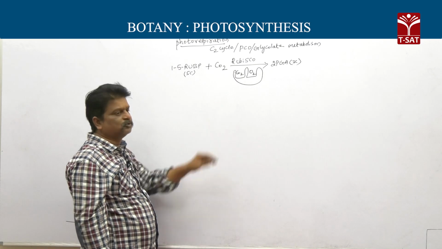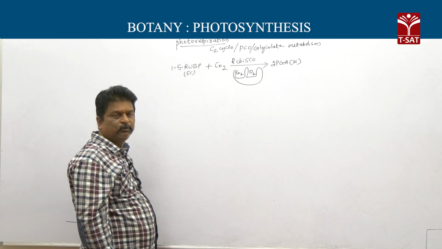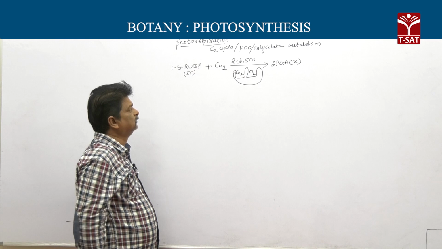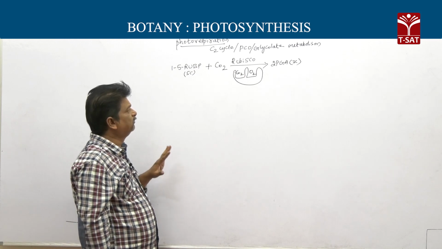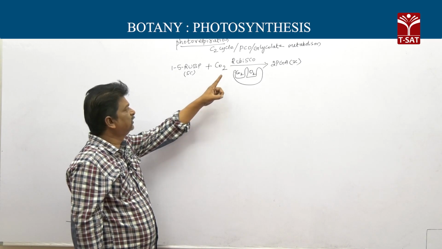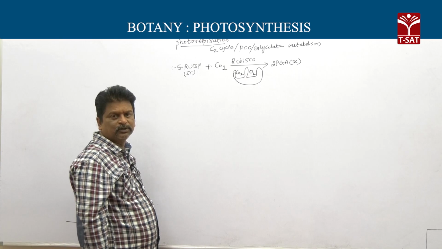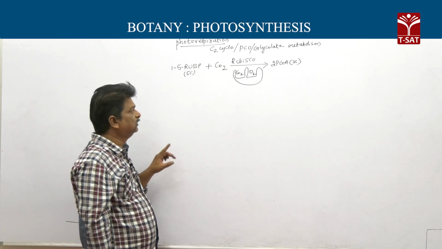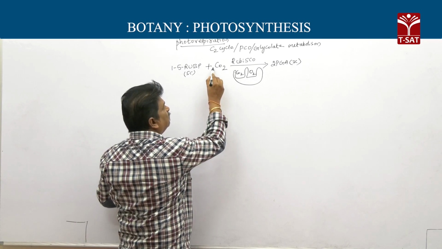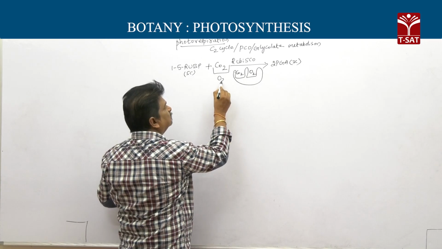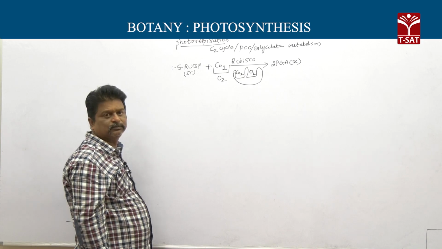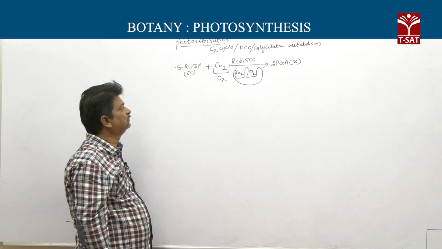And this enzyme shows more affinity with carbon dioxide. So in normal condition, if carbon dioxide amount is more, the enzyme fixes carbon dioxide and forms 2 molecules of phosphoglyceric acid. That is normal condition. But if oxygen amount is more, that enzyme acts as oxygenase.